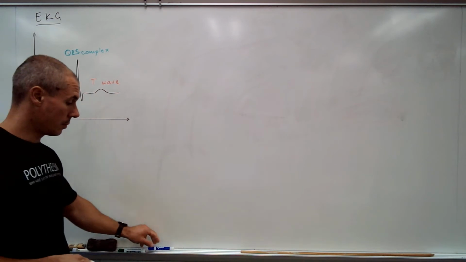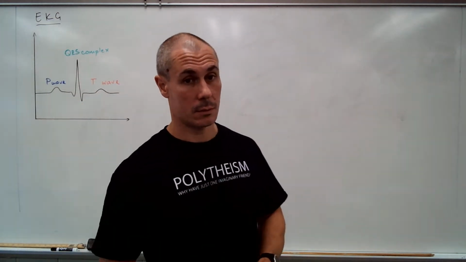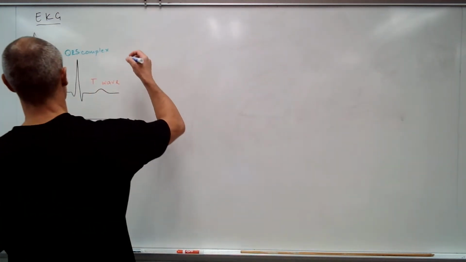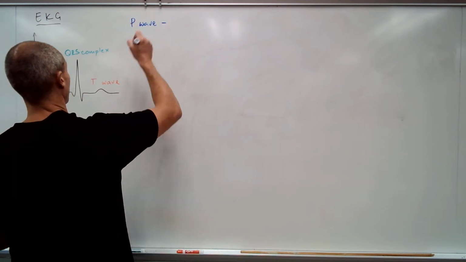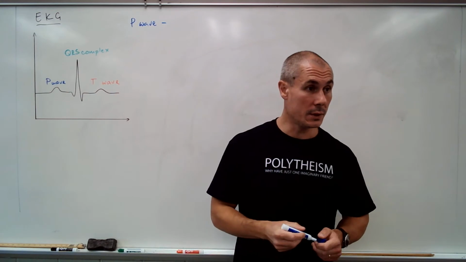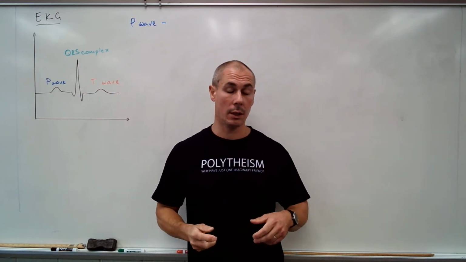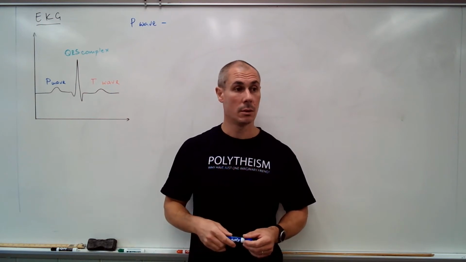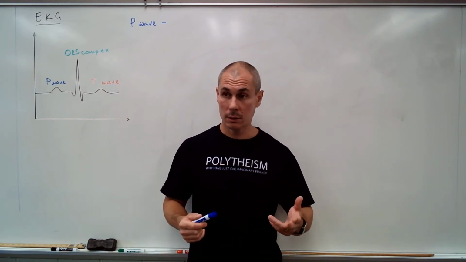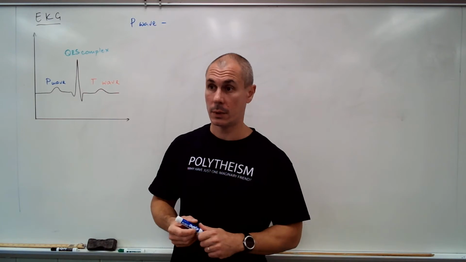So what happens during each of these events? In the P wave, this is the moment when the SA node sends the signal across the atrium.